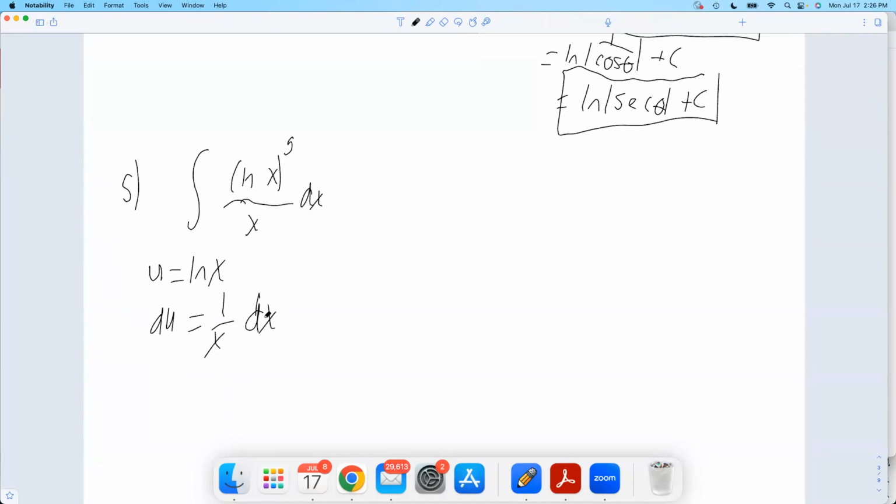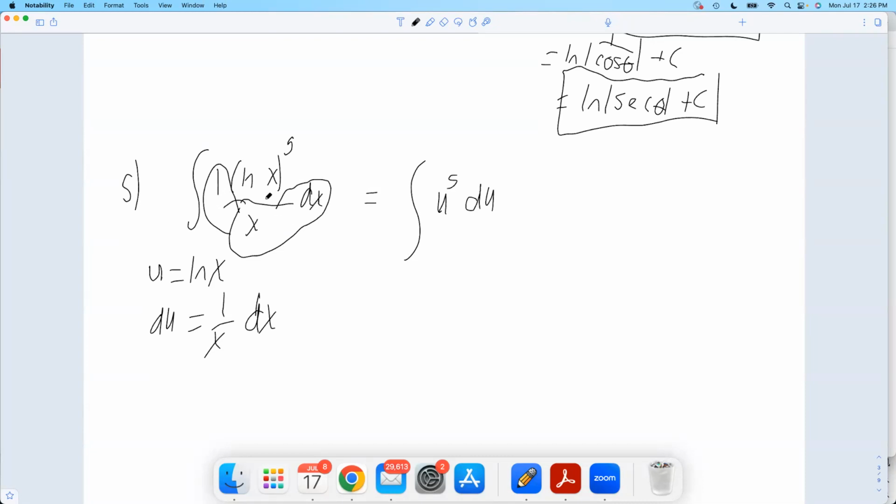Don't forget your dx there. Then right there, 1 over x dx is my du, and this guy will be u. It's always two substitutions you're making, your u and your du. So u to the 5th du.